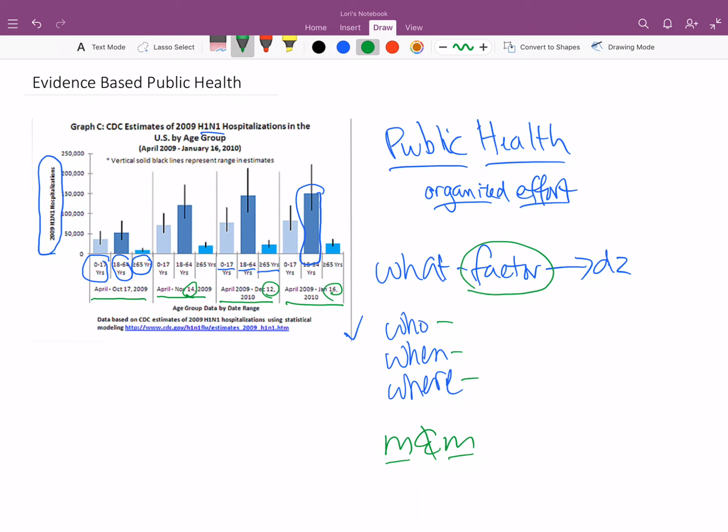People would die at a young age due to something that they caught, and it was very noticeable that that was one of the most important things to address if you're going to make an organized effort to improve health. So public health was born out of this effort to really address infectious disease.